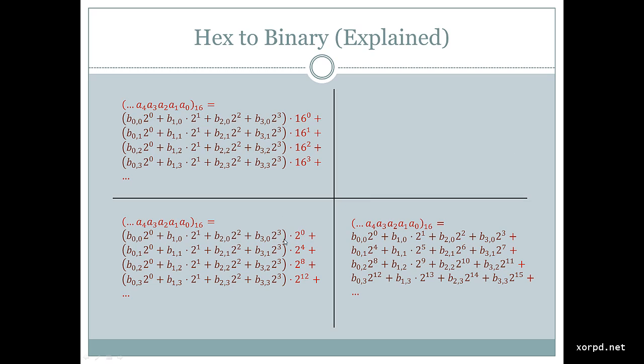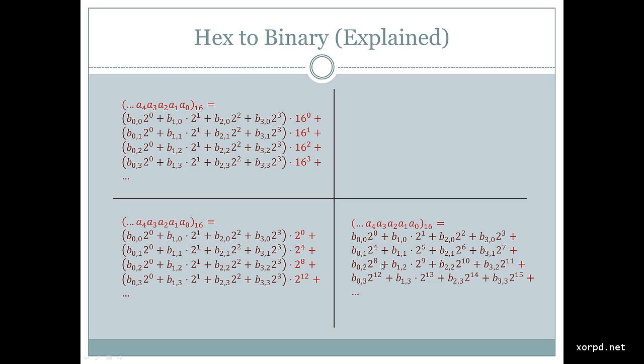Eventually, if we open the braces, if we multiply 2 to the 4 with every summand here, and we do the same with 2 to the 8 and 2 to the 12, it's not necessary to do it for the first part because this is just 2 to the 0 and it is just 1. We are going to get this new formulation.